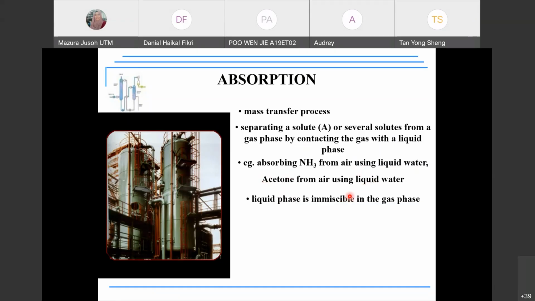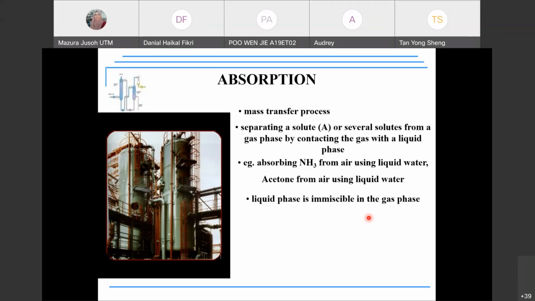For this course, you will have to make the assumption that the liquid phase is immiscible in the gas phase. So you have A plus B, A being the solute, or the component you want to separate. B is the carrier of the component you want to separate. C is your solvent, the liquid.